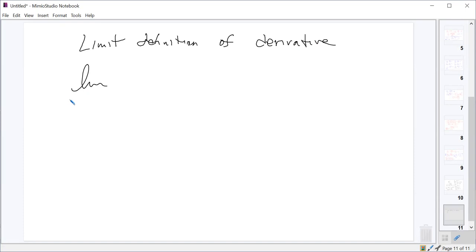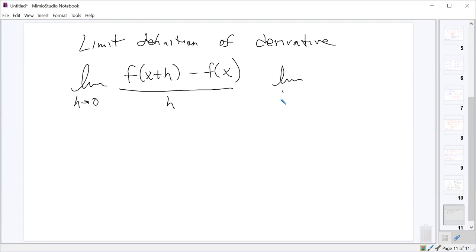Remember that the limit as h approaches 0 of f of x plus h minus f of x all over h is one form of the limit definition of the derivative. The other form is the limit as x approaches a of f of x minus f of a all over x minus a. So you might see a multiple choice question where they are utilizing these.